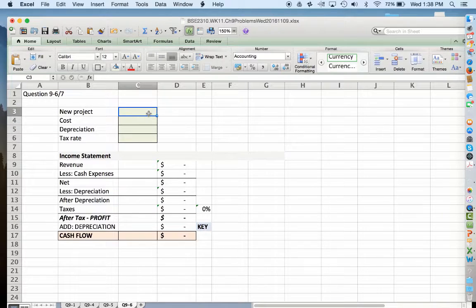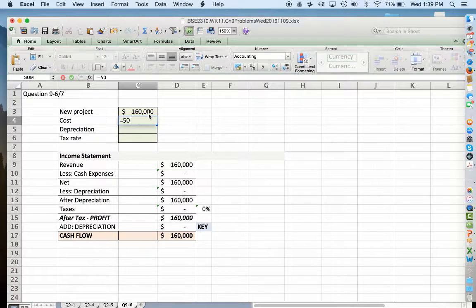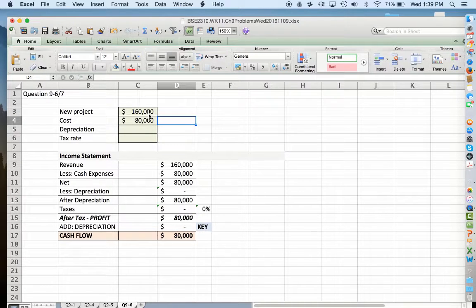The variable costs will be $50,000, and the rental costs for the shop are $30,000. So there's two cost elements. One is $50,000, and the other is $30,000. So I'm going to add them together. This is the variable cost plus the shop rental cost. Okay, those go together. And the depreciation is $10,000.